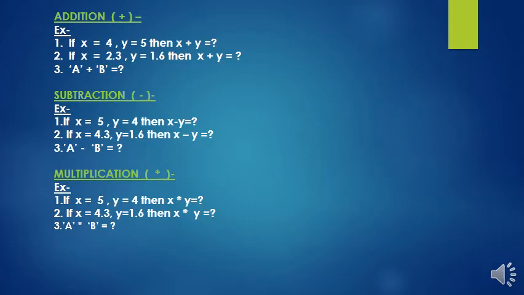This operator returns the addition or the sum of the values contained in the two operands. For example, here the first operand value x equal to 4, second operand value y equal to 5. So x plus y means 4 plus 5, that is equal to 9.